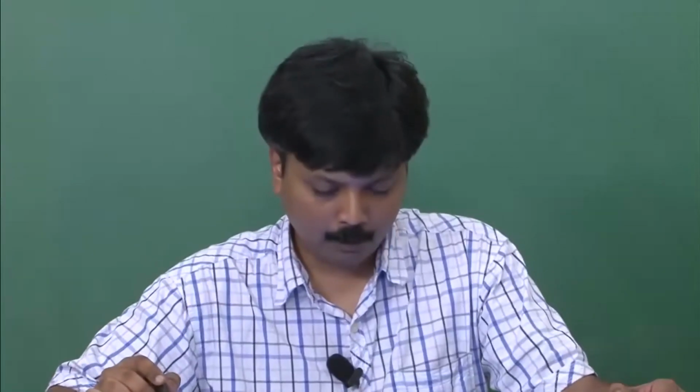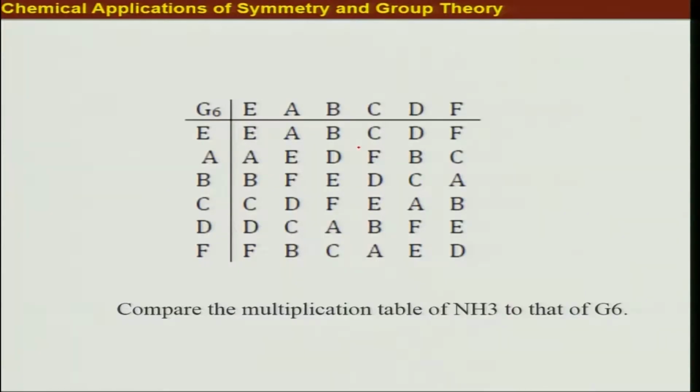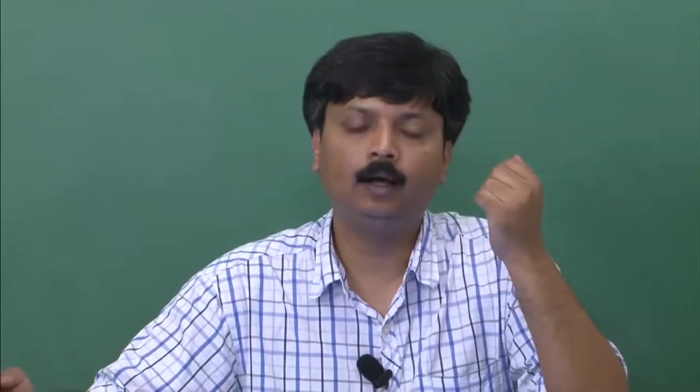Okay. Now, suppose I give you this particular group multiplication table, can we compare it with the multiplication table for a particular point group which also has an order 6? So, what is a group that you can imagine which has an order 6?